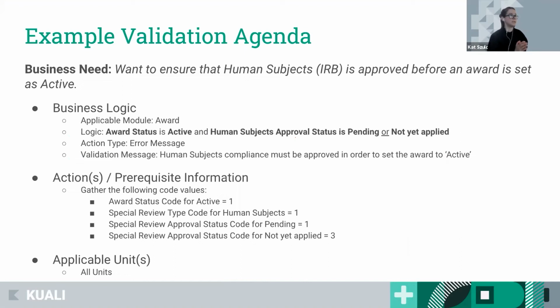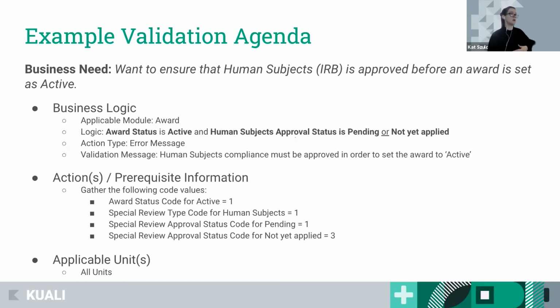And basically what the need is, I want to ensure that if there are human subjects, that the human subject's IRB is approved before an award is set as active. So again, this could depend all on how you're tracking human subjects compliance special reviews on an award. So I'm assuming that the way that it's being tracked on my end is it's a compliance entry, it's a special review entry.